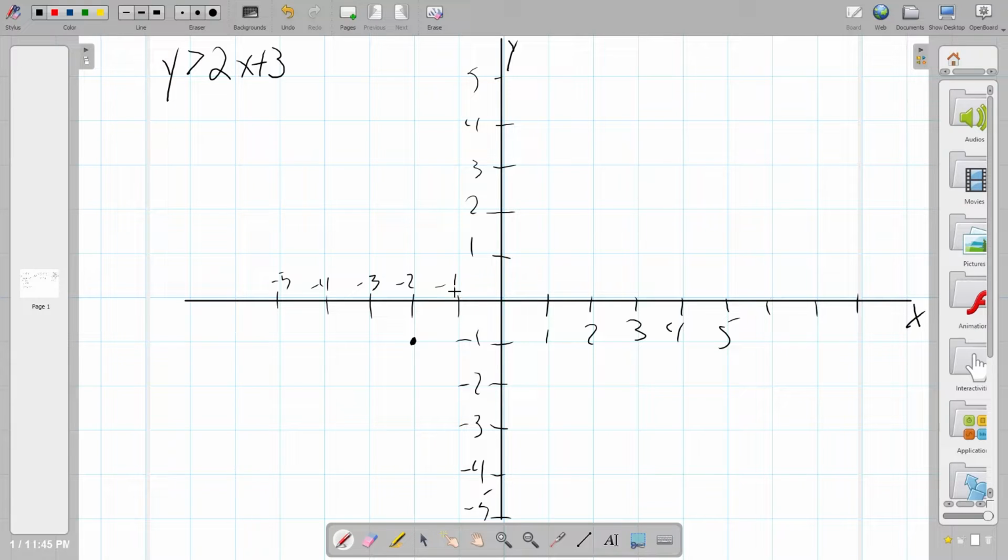Negative 1 times 2 is negative 2 plus 3 is 1. 0 times 2 is 0 plus 3 is 3. And you can see we have our graph.